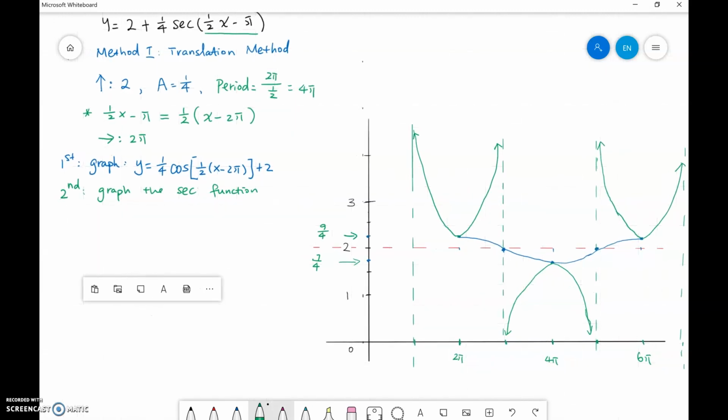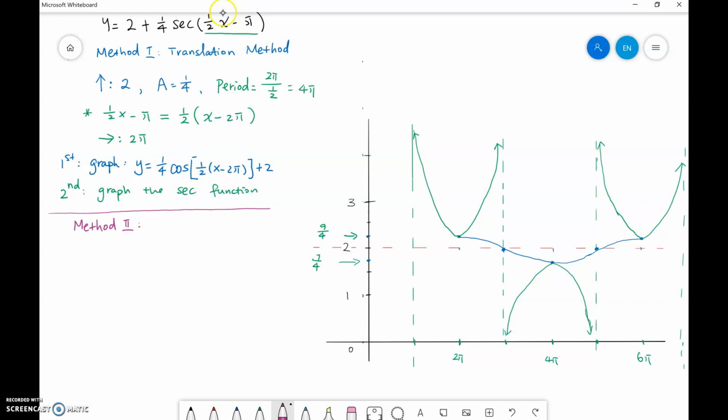If you do not use the transformation method, you prefer actually finding the 5 points, or you do not want to change the 1/2 x minus pi into something else and figure out the period, then you can use the second method. You still have 1/2 x minus pi. Regardless of whether our function is a secant, cosecant, sine, cosine, even in the future tangent and cotangent, when we set up our inequality, we always apply it to whatever is inside the trig function.